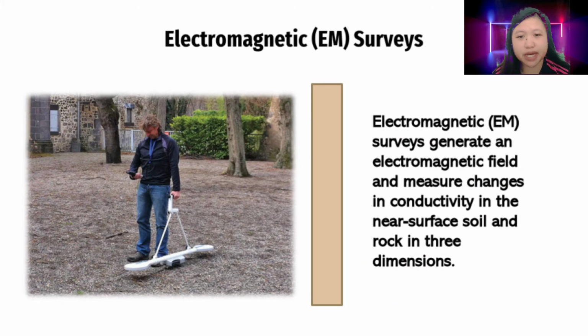It can measure changes in conductivity in the near surface soil and rocks in 3 dimensions and detect metallic minerals, and learn more about groundwater and salinity. A small crew uses transmitting and receiver cables to take ground readings.